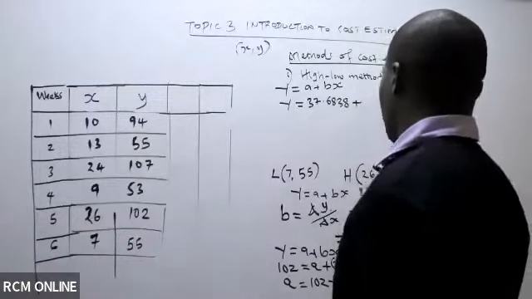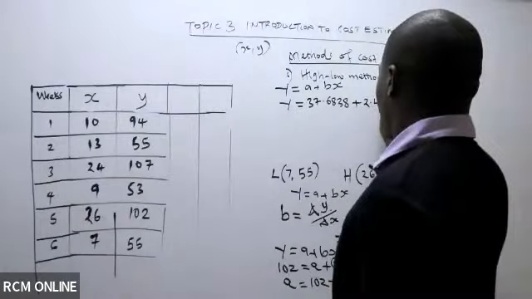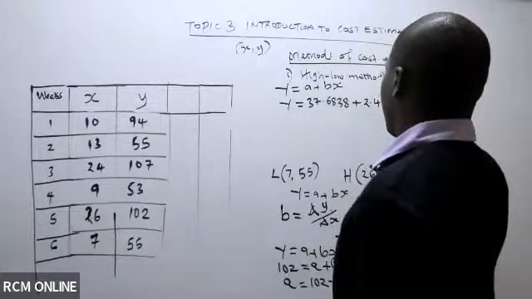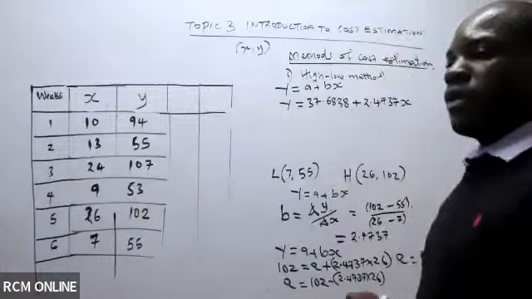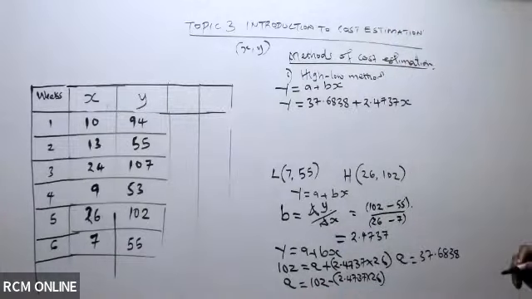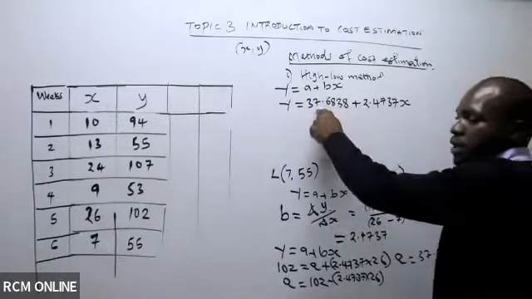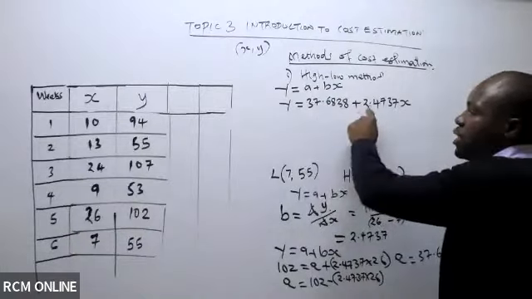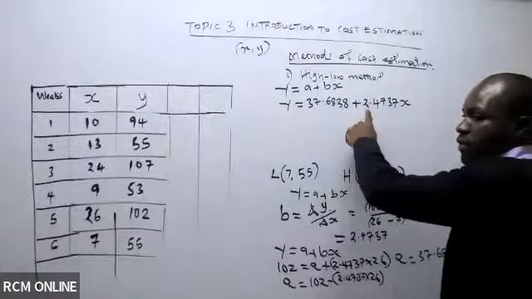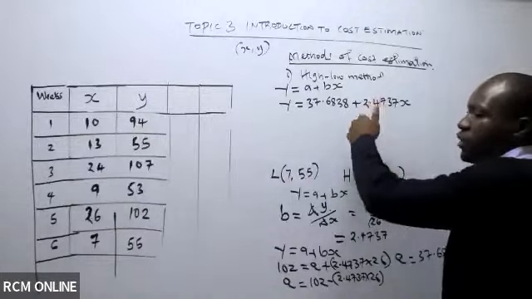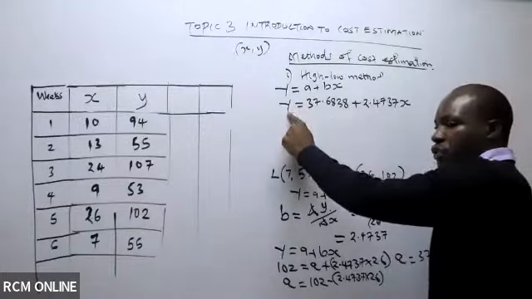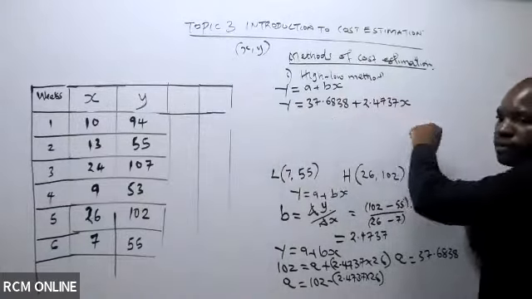What is the value of b? 2.4737x. We said very well that A is fixed cost. It will not change. B is the slope of the curve, variable cost per unit. It will not change. So the only thing that will make y to change is the value of x.